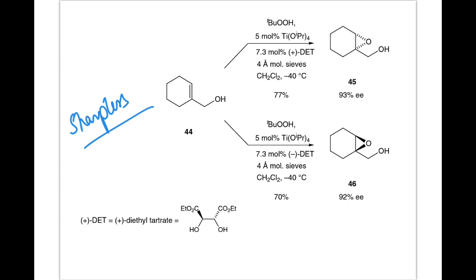So, there are only two types of reactions possible under Sharpless epoxidation, that is, if you have got an allylic alcohol just like this one, either you are going to get the epoxidation below or you're going to get the epoxidation above. When do you get the epoxidation below?